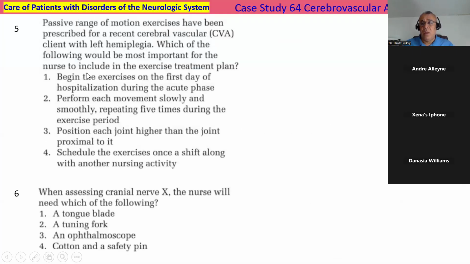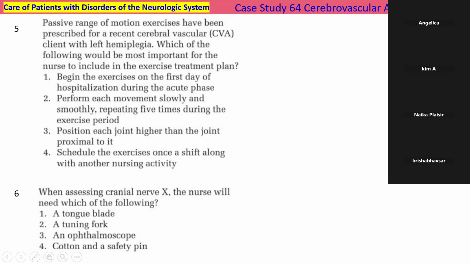Okay, five. Who's here? You want to take number five, please? It's projected on the screen. Number five: range of motion exercises have been prescribed for a recent CVA client with left hemiplegia.